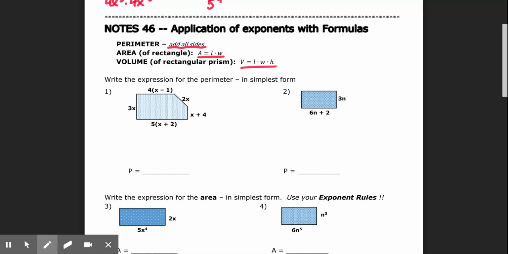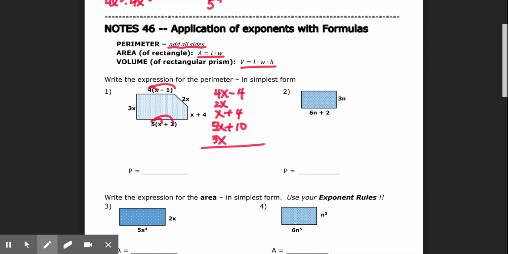So on number 1, first of all, we have to distribute. So that would be 4x minus 4. Then we have a 2x. Then we have an x plus 4. Then our distribution, 5x plus 10. And then our 3x. So we have all the x's lined up.